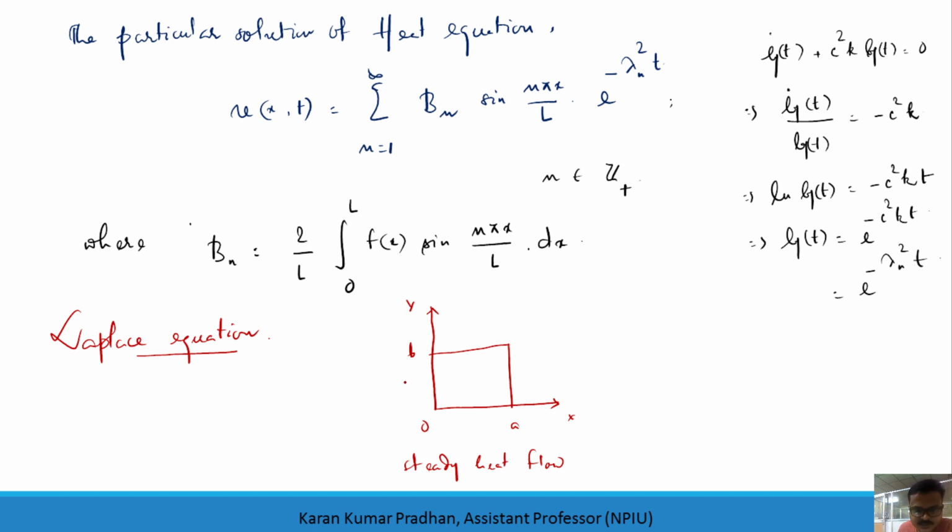Here the left side u is kept at 0, this one is also 0, and here also 0, and at the upper side you will have some heat source, let us say a function of x.